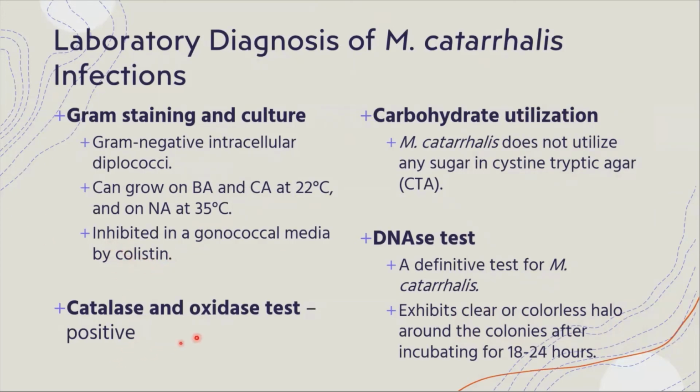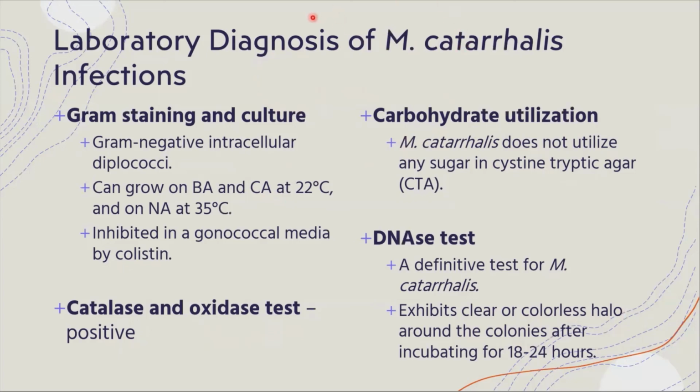For catalase and oxidase test, they also test positive, similar to your Neisseria species. Carbohydrate utilization, your Moraxella catarrhalis does not utilize any sugar in your cysteine trypticase or tryptone agar. Kaya isa to sa mga ginagamit nating pang differentiate biochemically speaking ng Moraxella catarrhalis and your pathogenic Neisseria.